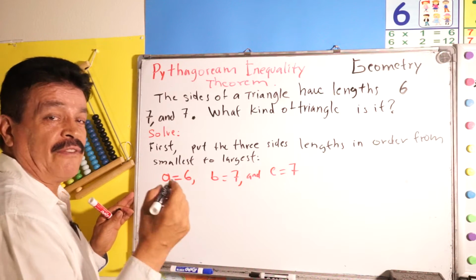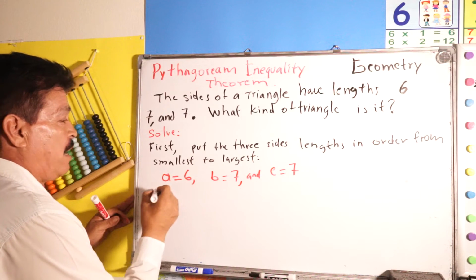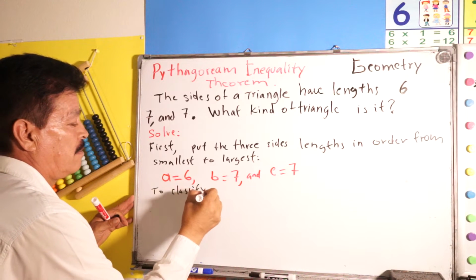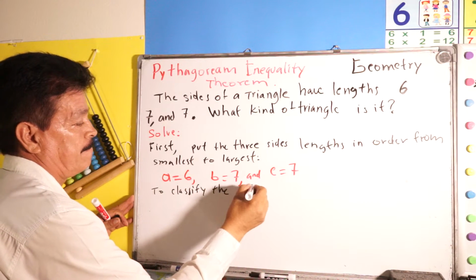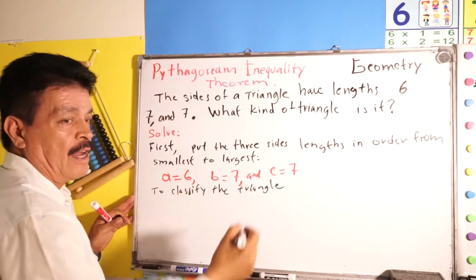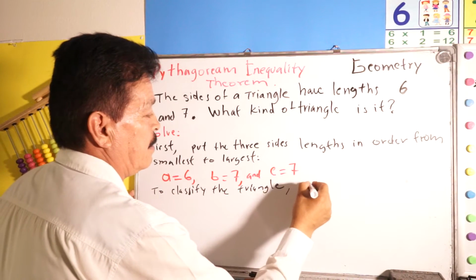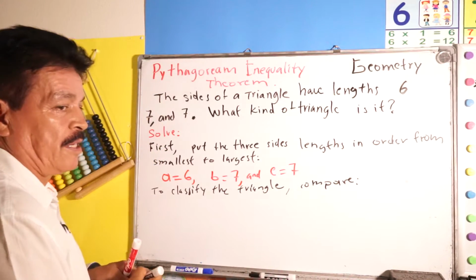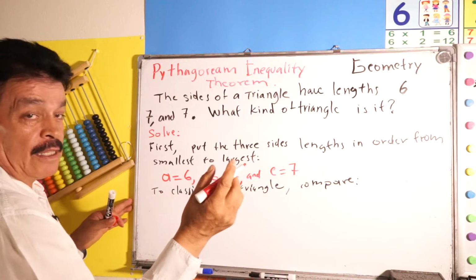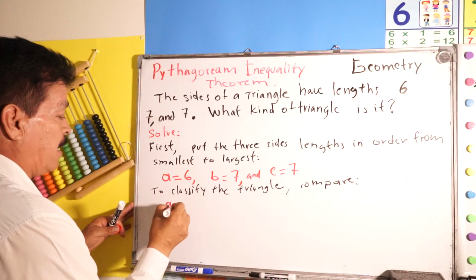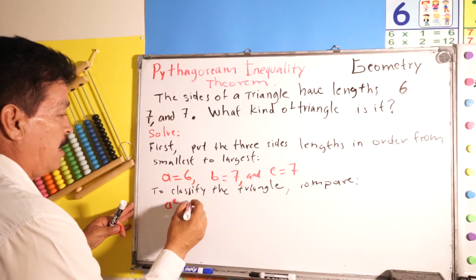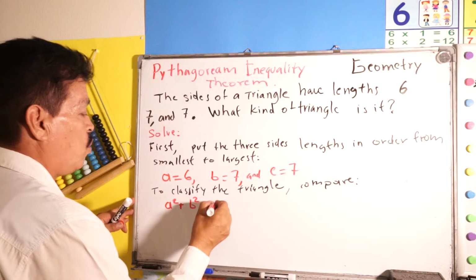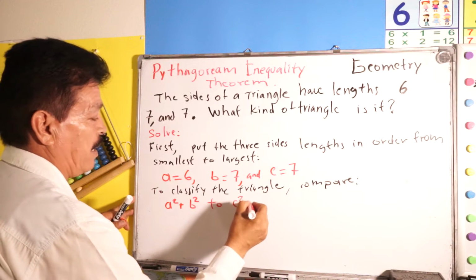Now to classify the triangle, we have to compare. We have our variables: a squared plus b squared, compared to c squared.